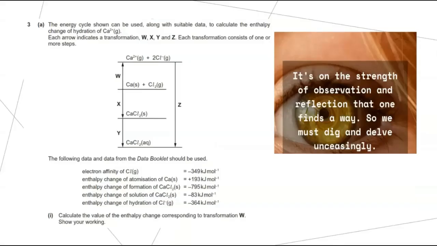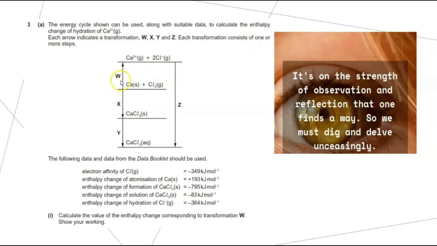The energy cycle shown can be used along with suitable data to calculate the enthalpy change of hydration of calcium ion, gaseous. Each arrow indicates a transformation W, X, Y, Z. Each transformation consists of one or more steps.